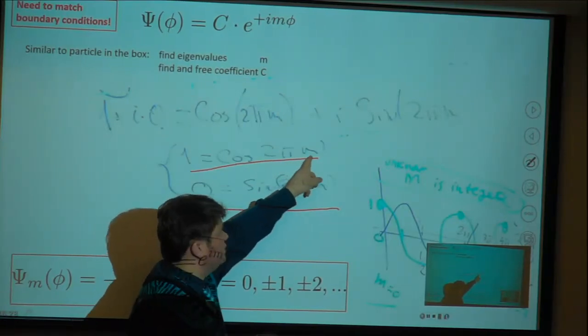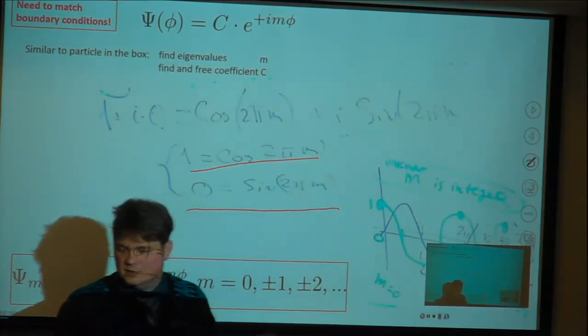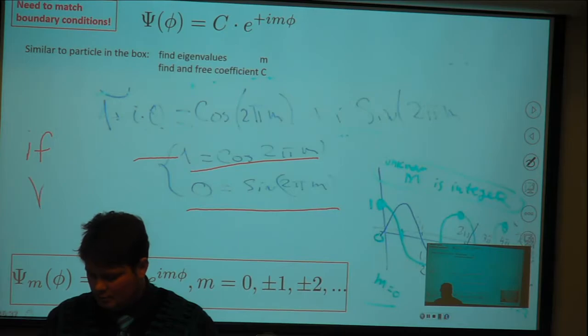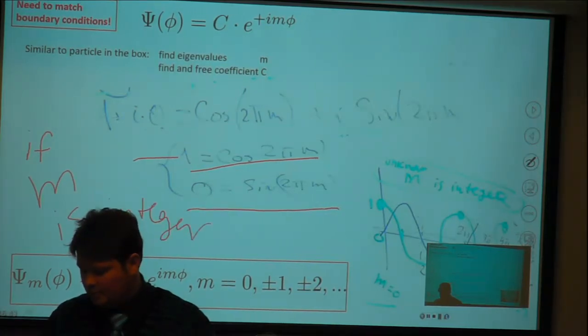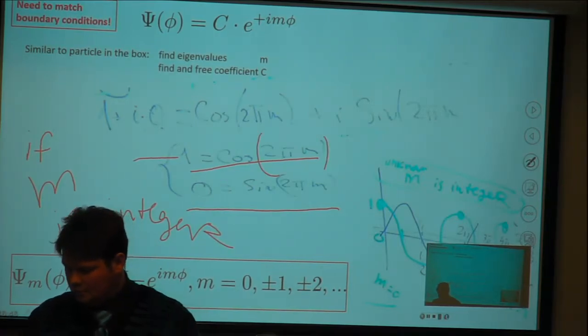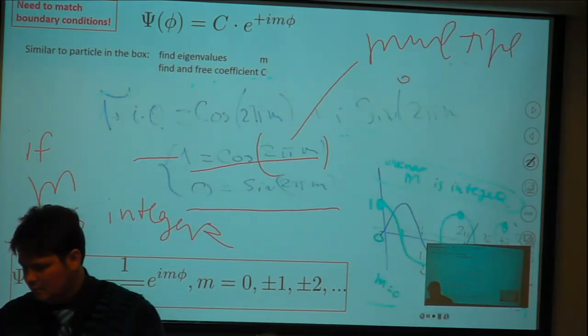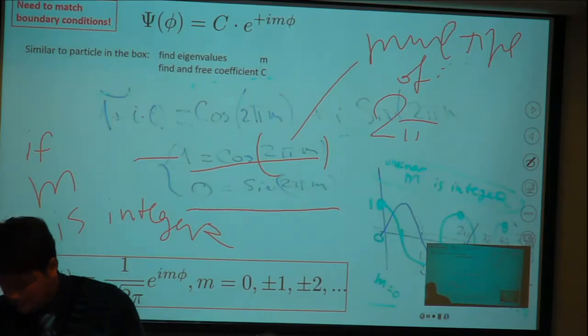So this equation is fulfilled if m is an integer. The argument is a multiple of 2 pi.